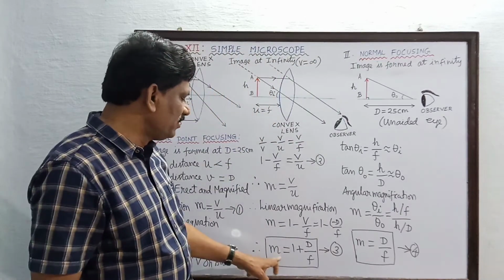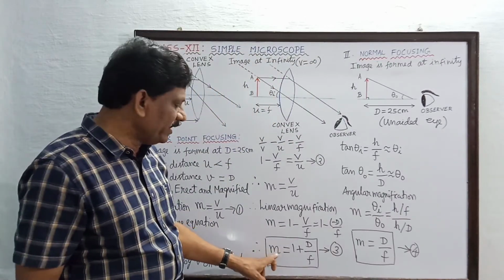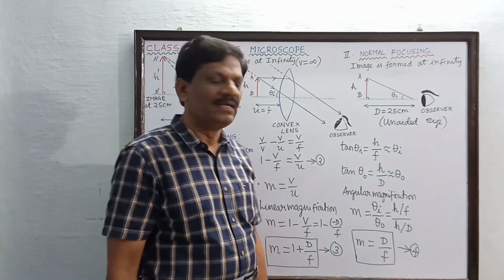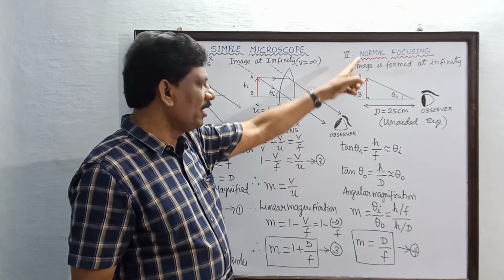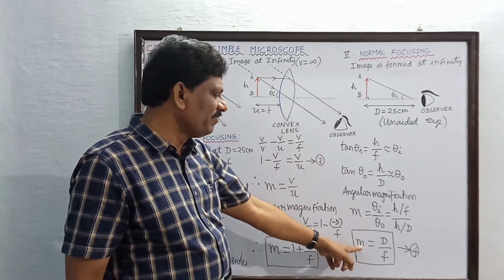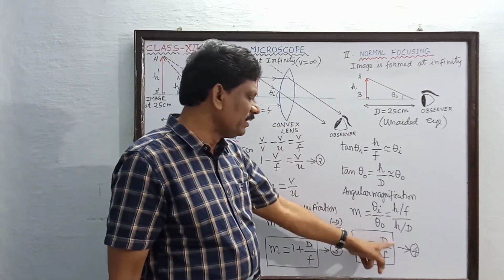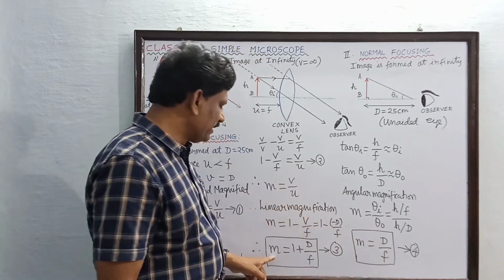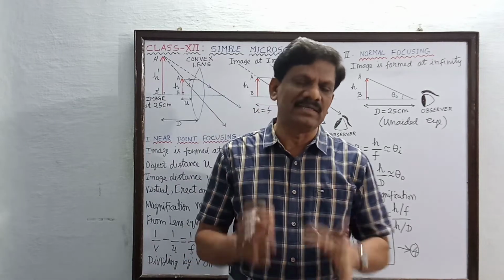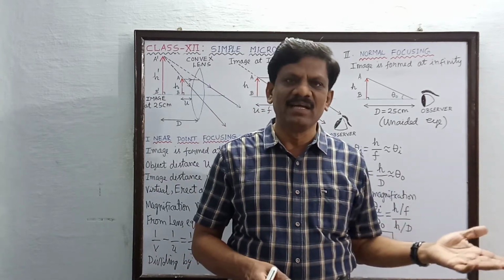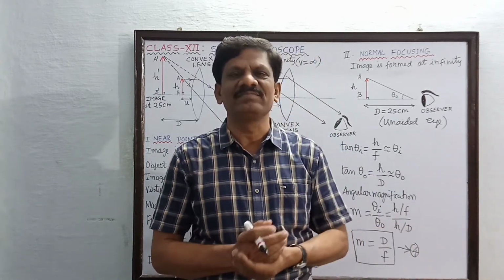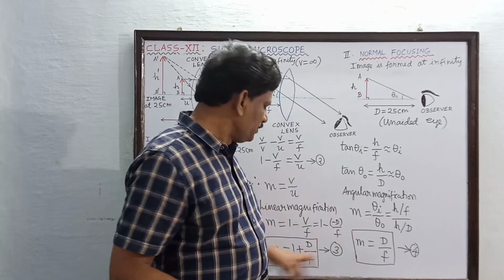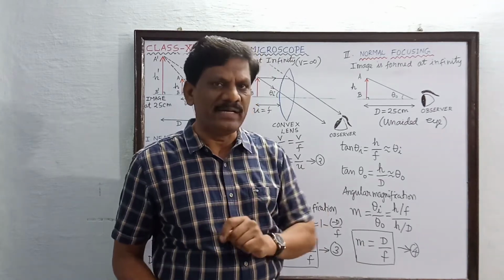So equation 3 gives the linear magnification equal to 1 plus D by f. Is it not? But in normal focusing, the angular magnification is m is equal to D by f only. So we find that the linear magnification is 1 greater than the angular magnification. Understand? So here the difference between these two is equal to 1.